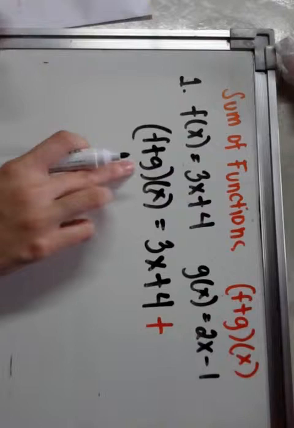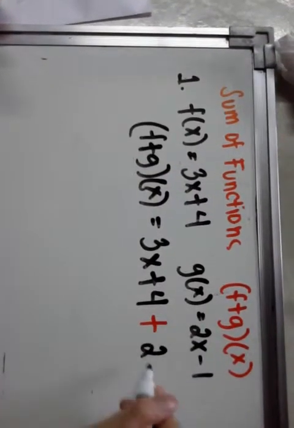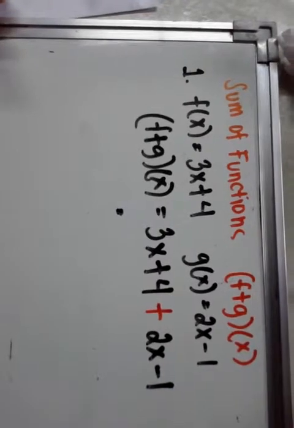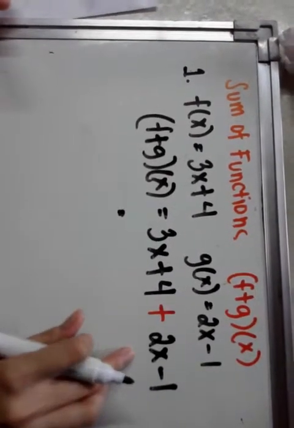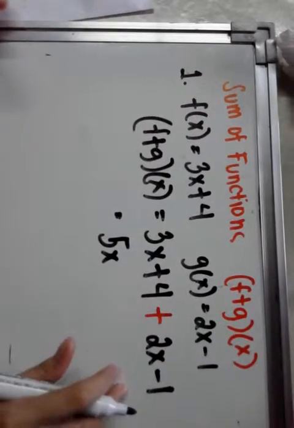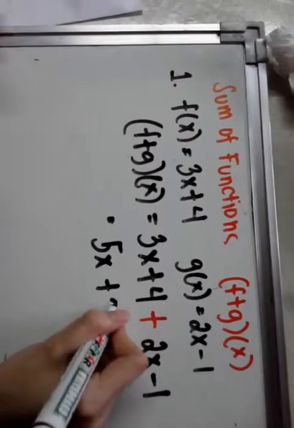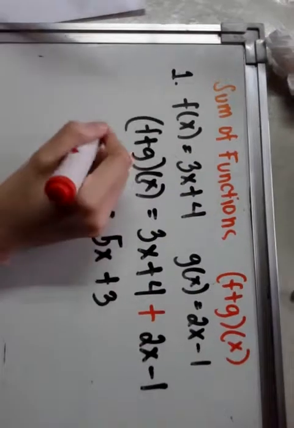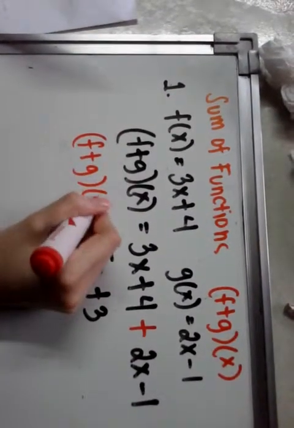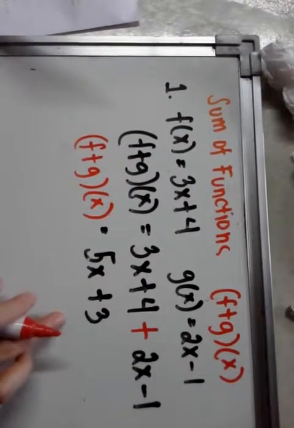Then copy the equation of the g function, which is 2x minus 1. Then simply add like terms. So 3x plus 2x is equals to 5x, and 4 minus 1 is equals to 3. So therefore, f plus g of x is equals to 5x plus 3.